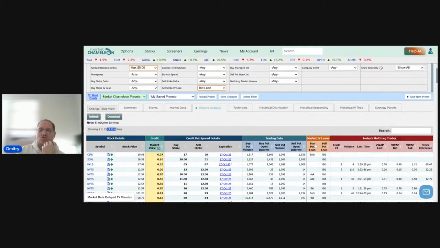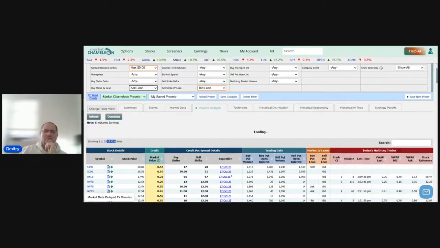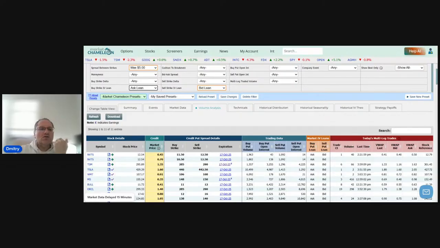On the opposite strike, when we're buying something, we want to see that there are market participants trying to sell it, and maybe that could give me a good price because I'm trying to buy it at the lowest price. So let's look at an ask lean on the buy side. Let's see if we get anything there. Now we've filtered down to 11.